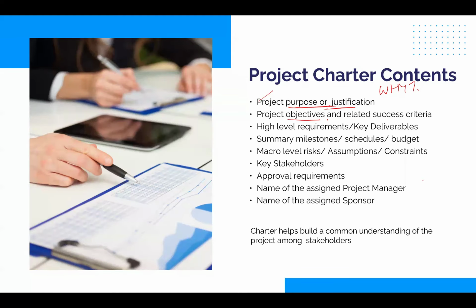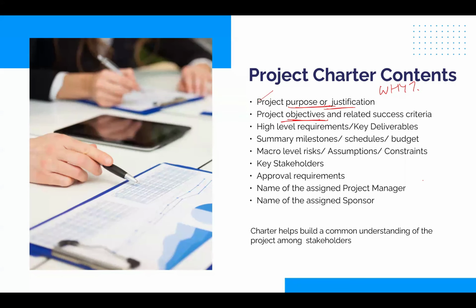Next, project objectives. Objective is the success criteria of the project. So you would define a set of objectives that we need to achieve. Objectives could be around timelines, budget, quality levels, whatever means success. For example, the project should complete in 10 months, or it should be done within a budget of $1 million.